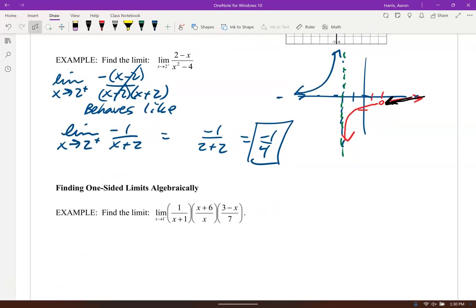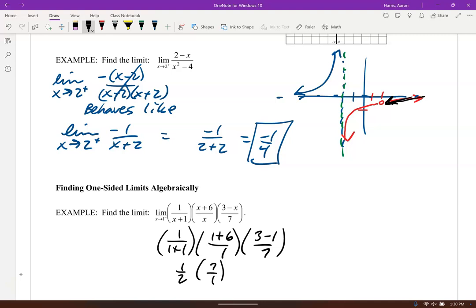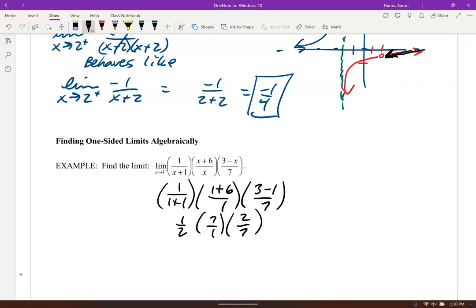Let's keep going. Could we plug 1 into this? And we end up with, we get 1.